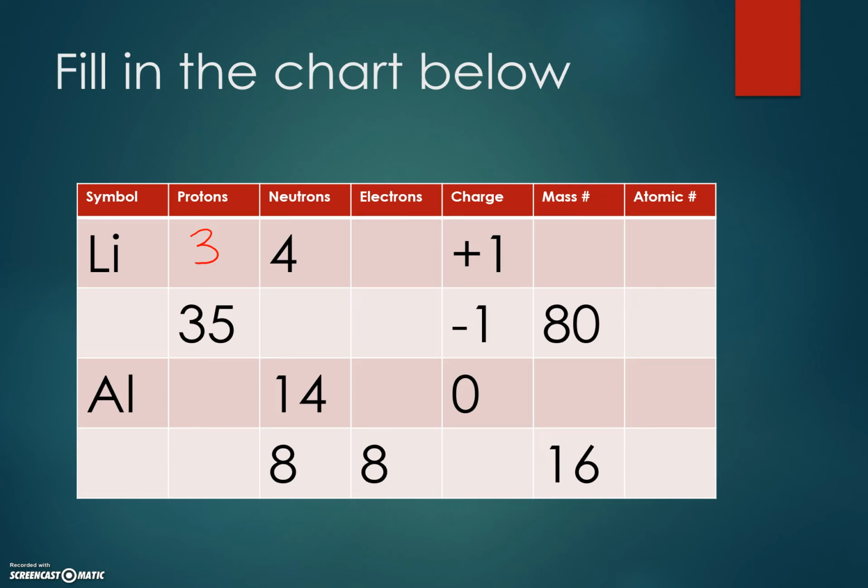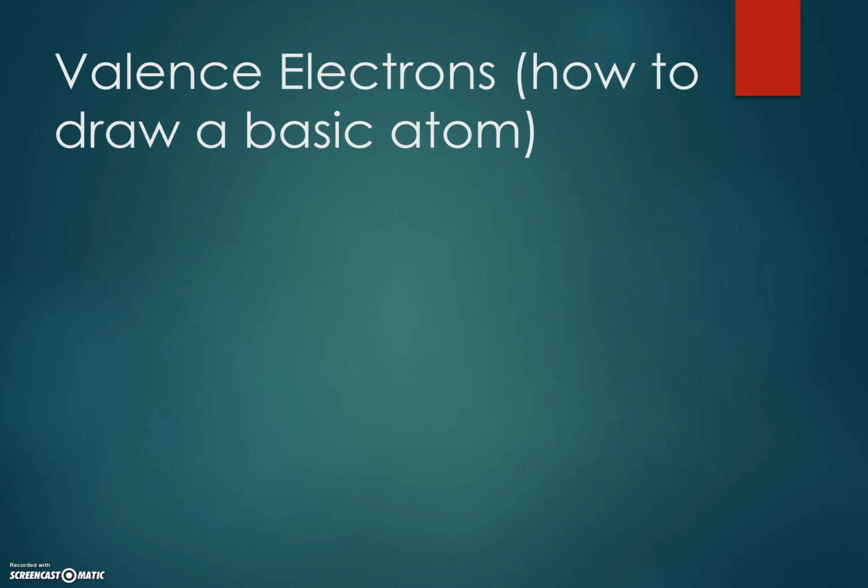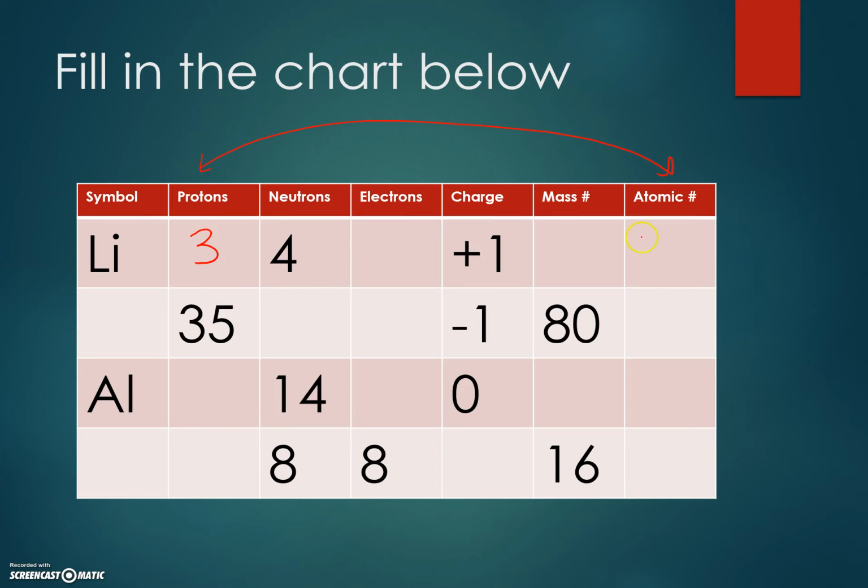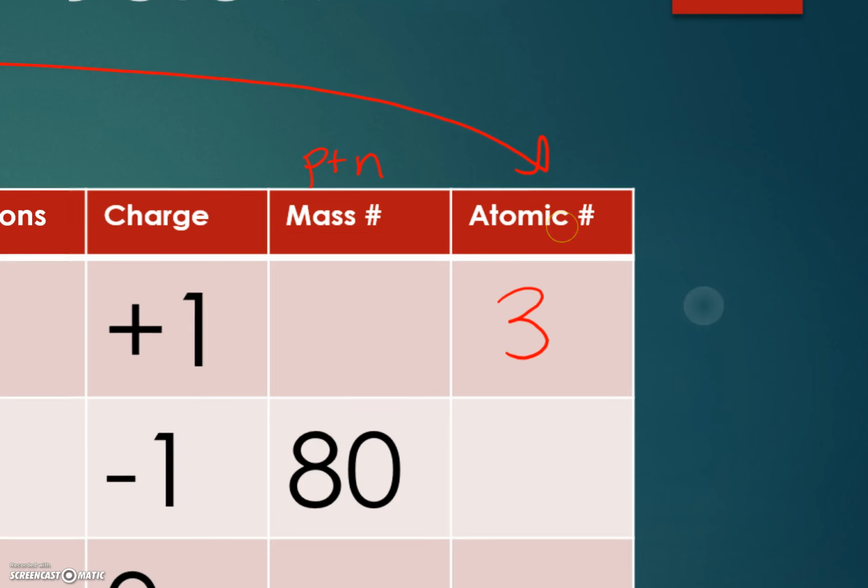Protons is also always the same as the atomic number. And so there, my atomic number, those columns are always going to be the same. My mass number is my protons plus my neutrons. And so here, protons plus neutrons, 3 plus 4, gives me 7.